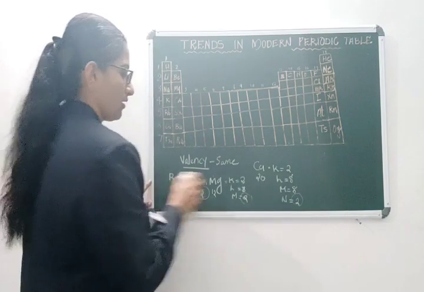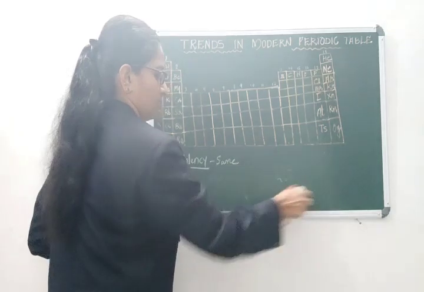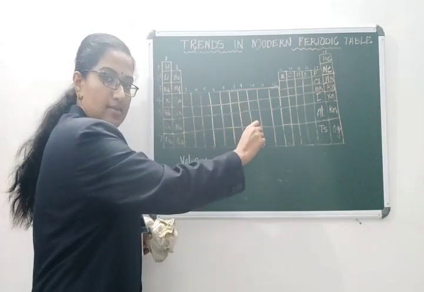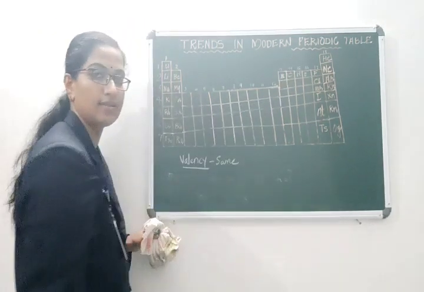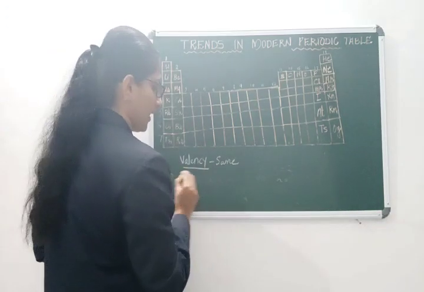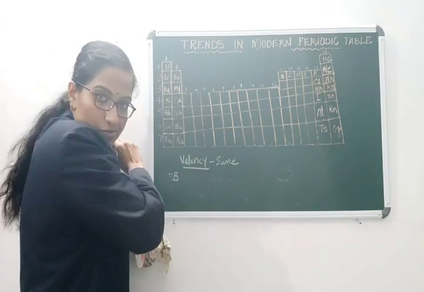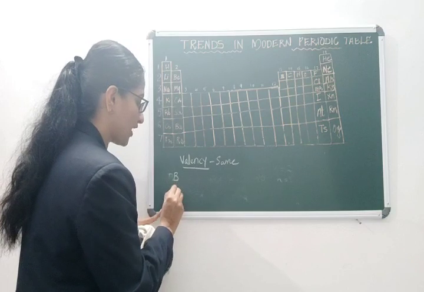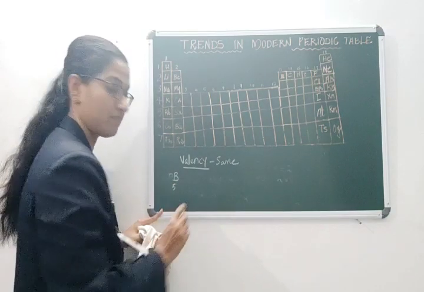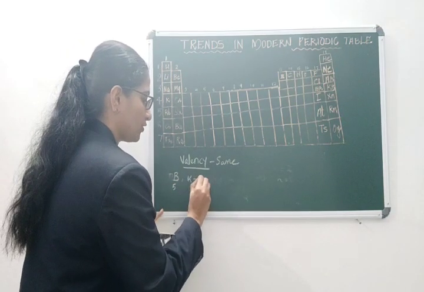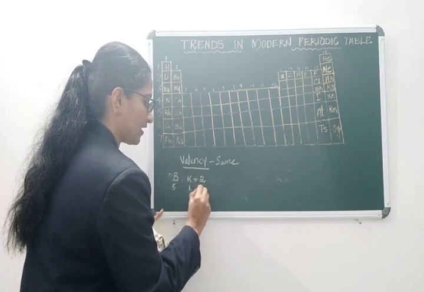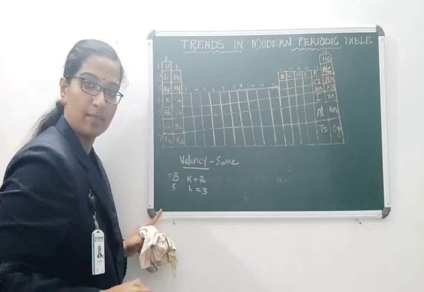You forget about transition metals. Now let us go to the 13th group. The first member is boron with atomic number 5. K is equal to 2, L is equal to 3.